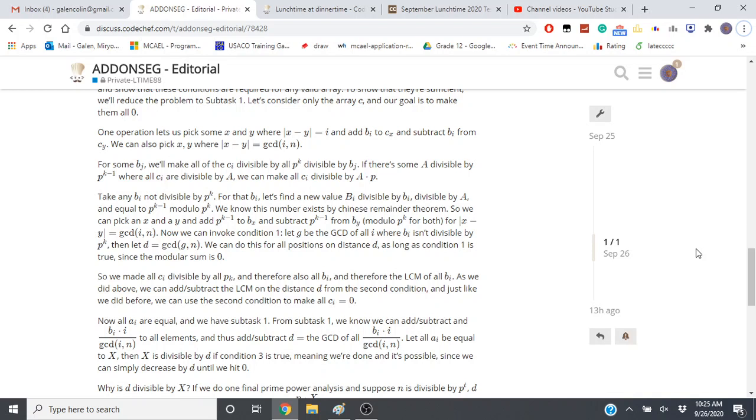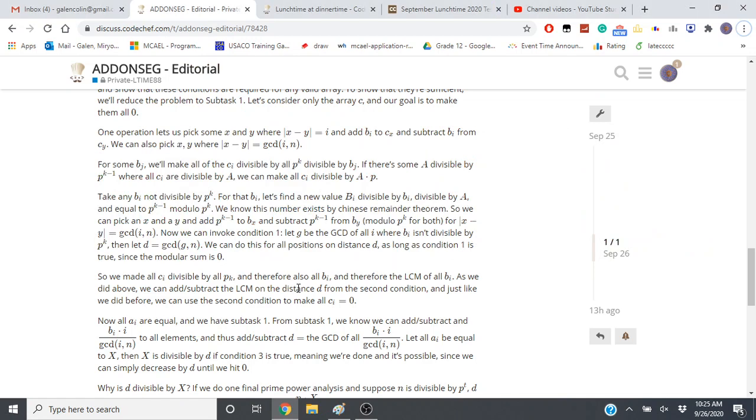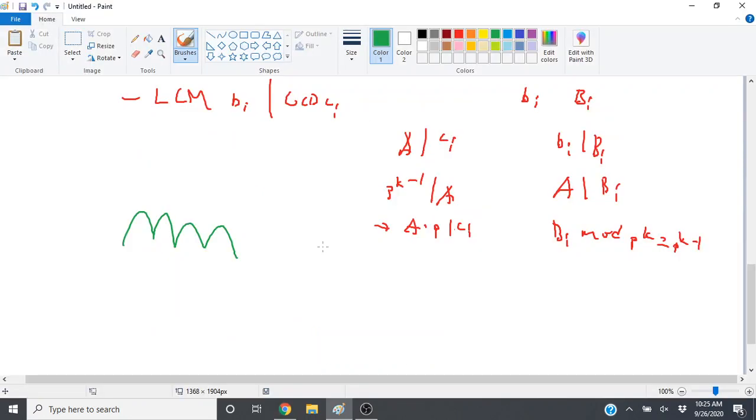And then once we have this value, we can pick any x and any y, and then we can add p to the k minus 1 to bx and subtract it from by. And we can affect any elements where they're like the GCD of the indices where it's not divisible by this p to the k.